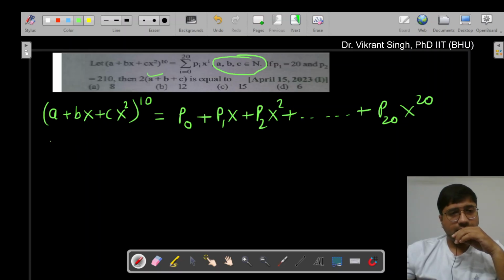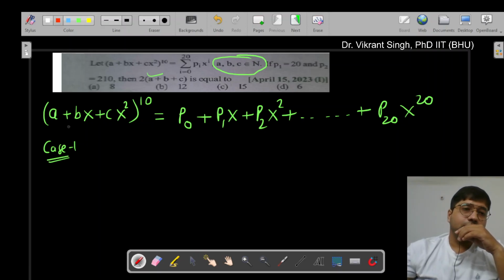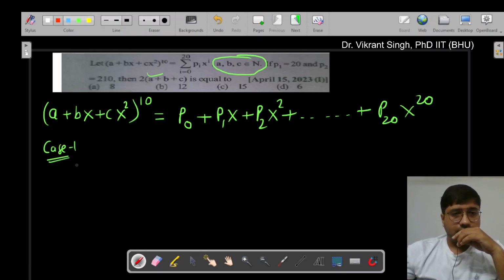So in case 1, see how to distribute the powers: a to the power 9, b x whole power 1 and c x square whole power 0.